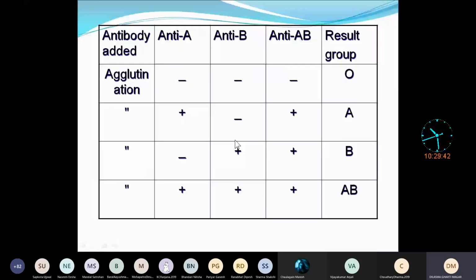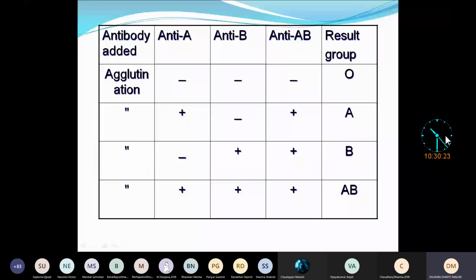In case of the anti-AB, there will be agglutination with both blood group A and blood group B, because the first one has the A antigen and this one has the B antigen. Whenever the anti-sera AB, which has antibodies against both antigen A and B, is added, it agglutinates. Now it becomes the blood group B.